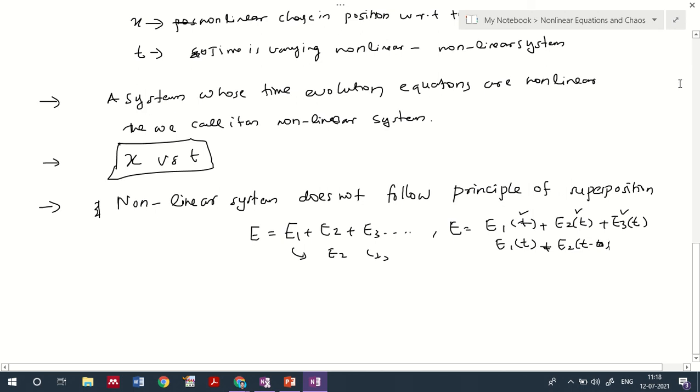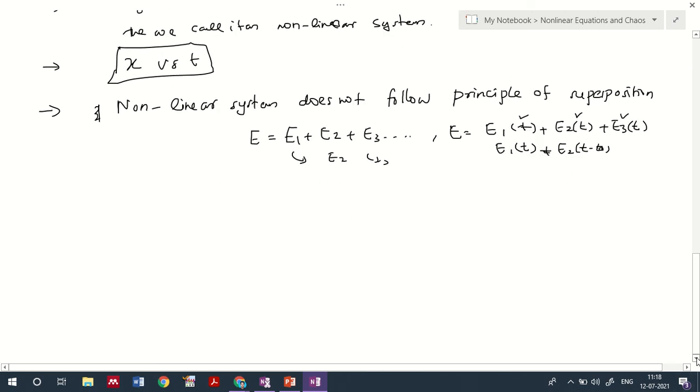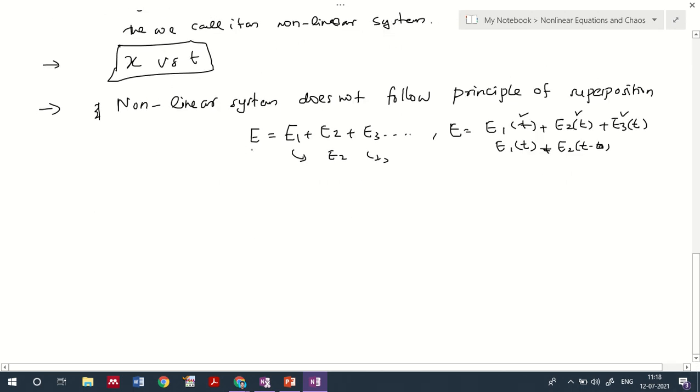Before coming to the example of a pendulum, let me give you a brief idea of a nonlinear system as well. When we talk about a conductor, we know that when you increase the current, the voltage increases linearly.